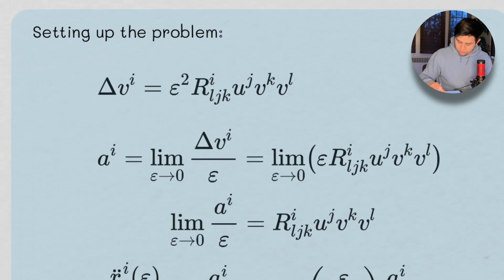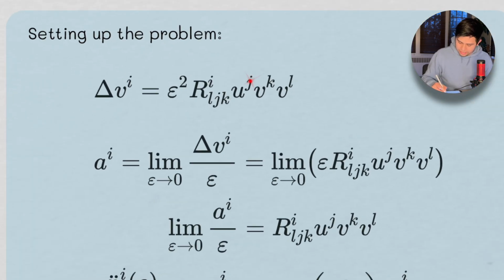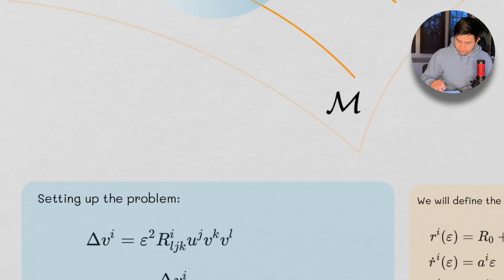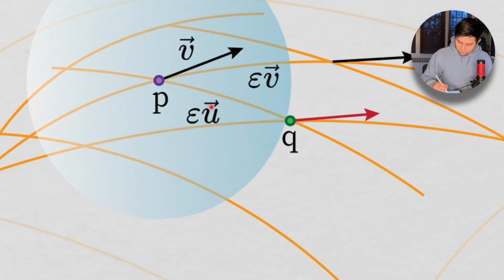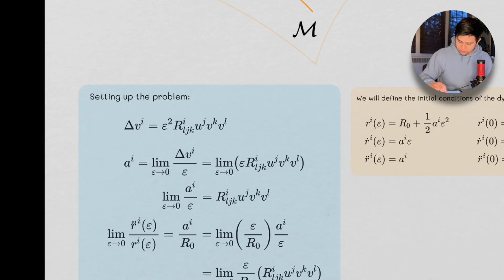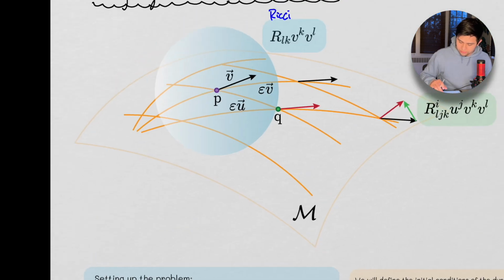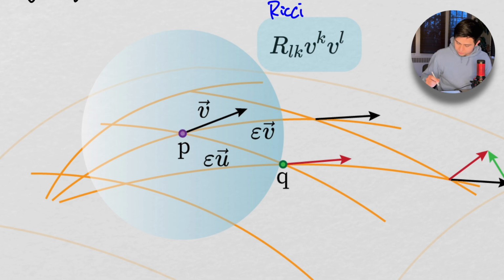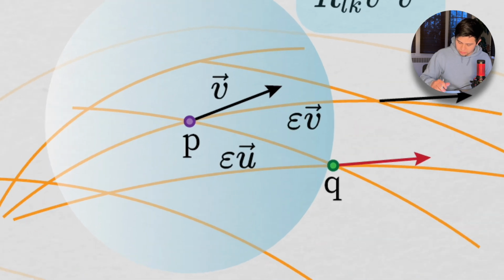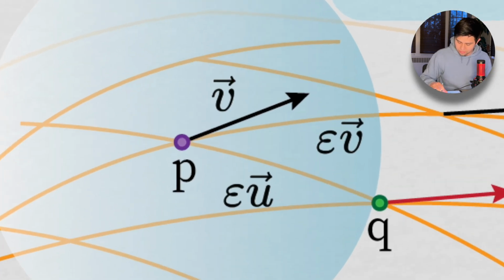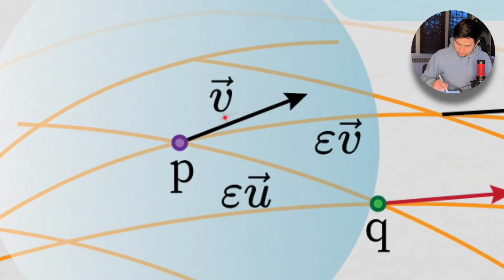The idea here is that we're summing over j and k for these first two vectors. If we take a look here, u and v are those two input vectors that we're putting into this Riemann curvature tensor. Those represent the two directions, and then this v here is the vector that we're actually transporting. That vector doesn't really live on the manifold. This is a little bit of a misrepresentation, but this v is in a tangent space on the manifold.